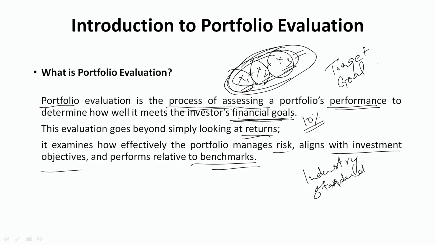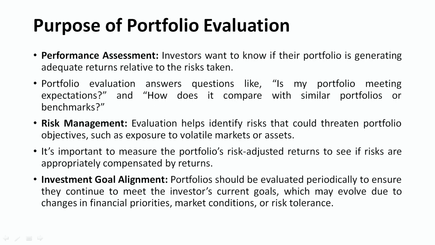I am also considering the risk the individual can take, and then I am assessing whether based on the risk how I have identified the individual securities, and based on these factors whether it is giving me the return which is in alignment with the benchmark return, or I can call it as industry standard. If suppose I select particular stocks which is dependent on a particular industry, I can have industry standards or benchmarks, or it could be the benchmark which I call it as the market index or whatever it is. So, I can have different indexes according to my requirement.